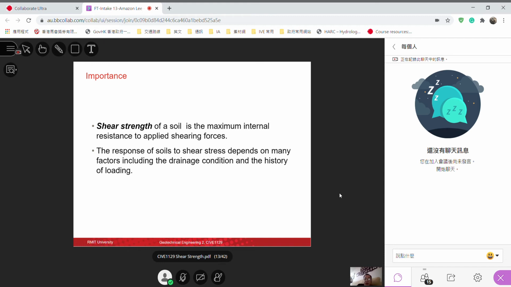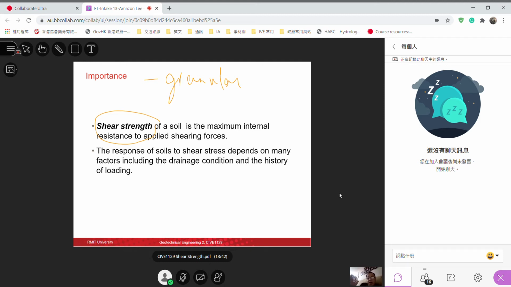So when we want to understand the shear strength of a material, first we have to ask, is it a granular material? Because the frictional resistance of granular material is different. Granular material means sand, gravel, or sand, silt, gravel.